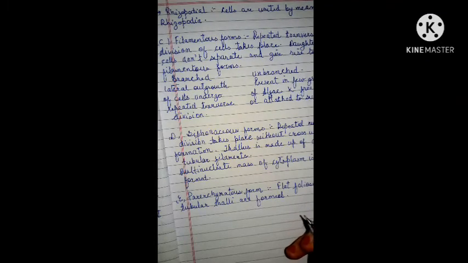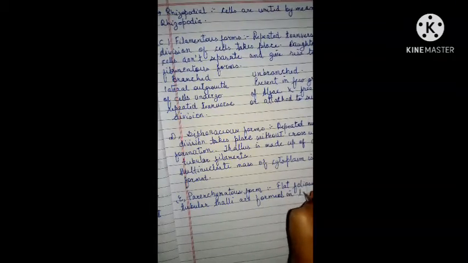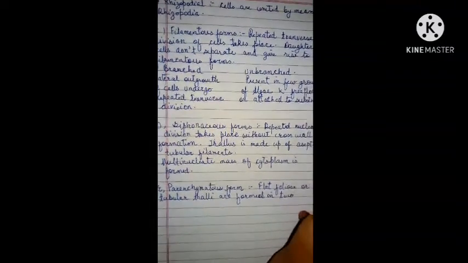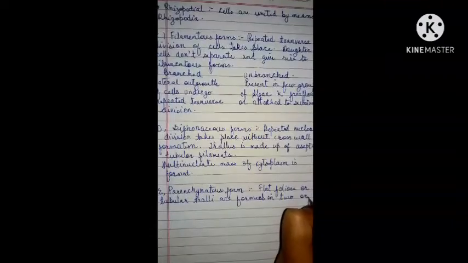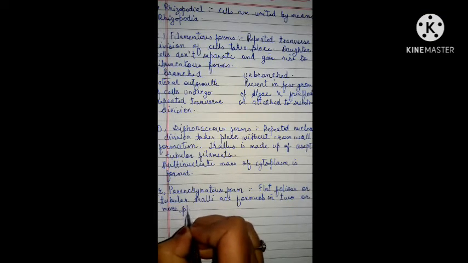These tubular thalli or flat foliose forms are formed by the division of cells in two or more planes.